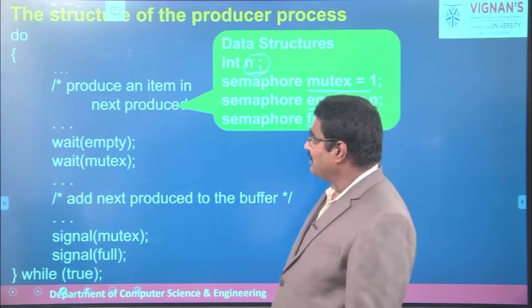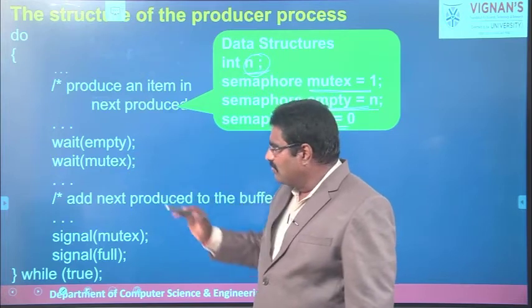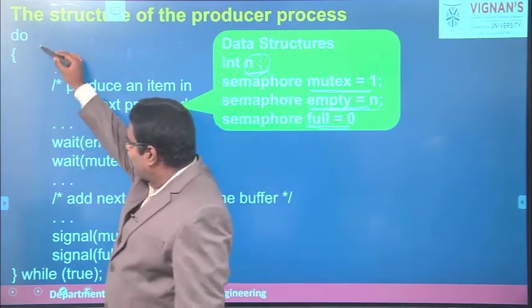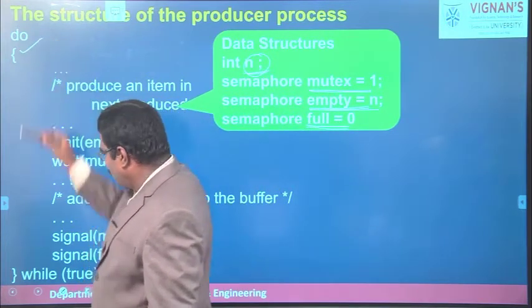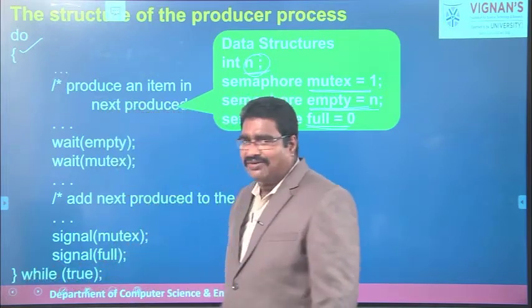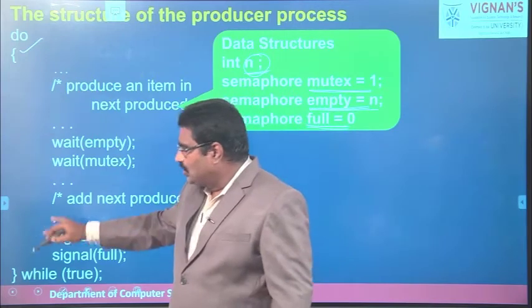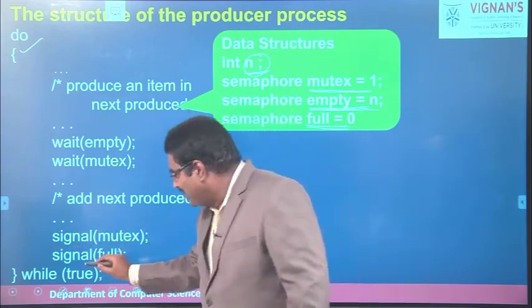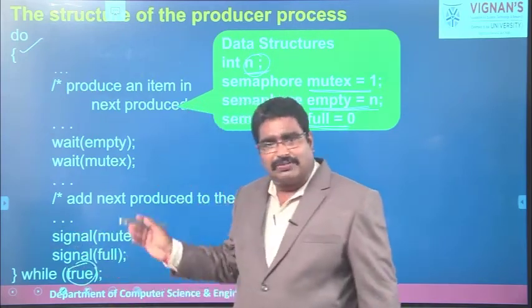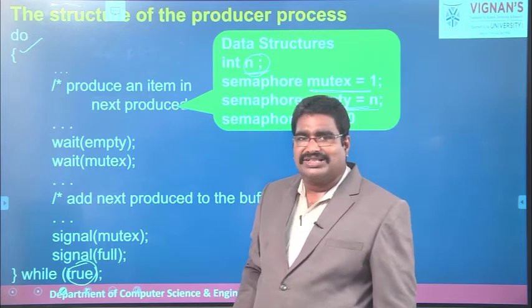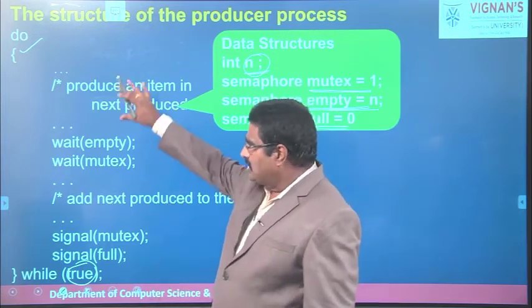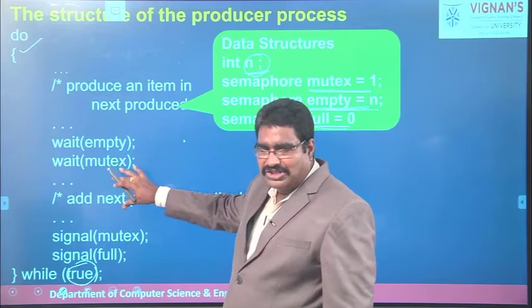So, here we discuss the producer consumer process, and this is the structure. Already we know that initially it is the do while true. What is the meaning? If you write a set of statements, those are placed within the do while true. Here the condition is automatically true every time, which indicates that every time the producer produces an item, it is placed into the buffer.